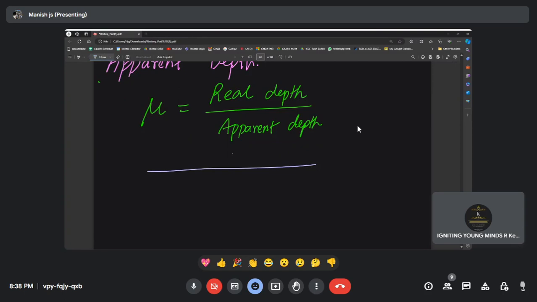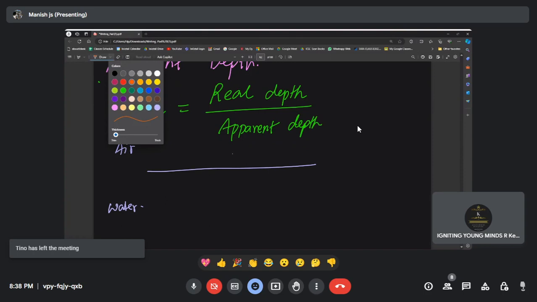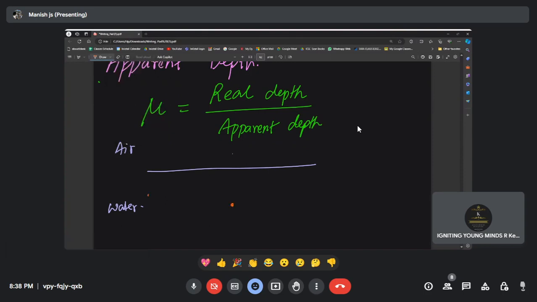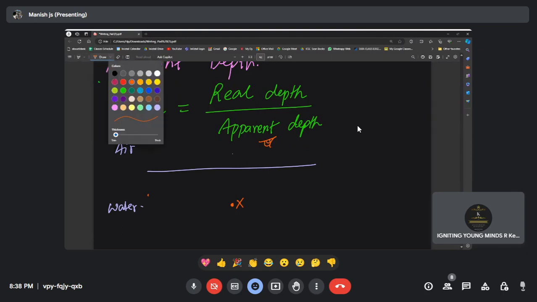When you have an interface of two media, say this is air and this is water, say you have an object below the surface of water, a coin at point X. When a person observes from here, this being the eye of the person, the person will observe the coin not at X, but at X dash.